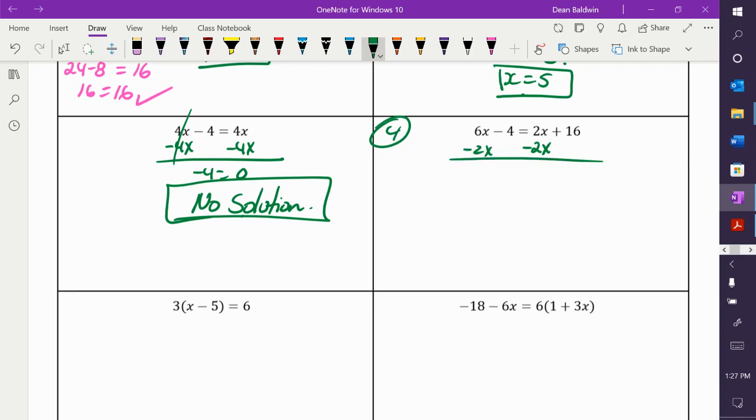Okay. What is 6x minus 2x? 4x. There's a lot of 4x's in all these. This 4 has not changed, so it just stays there. And on the other side, now we're just left with 16. Are we good with that? Yes. Okay. Now what do I do?